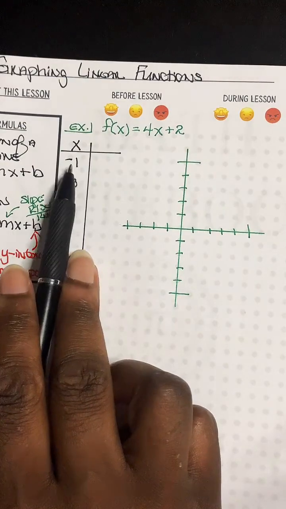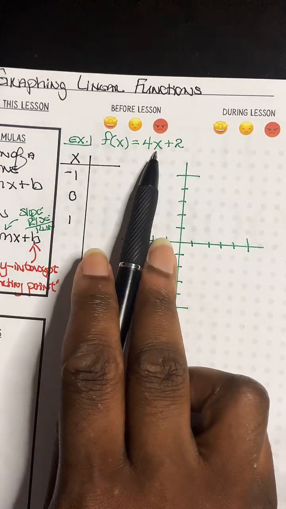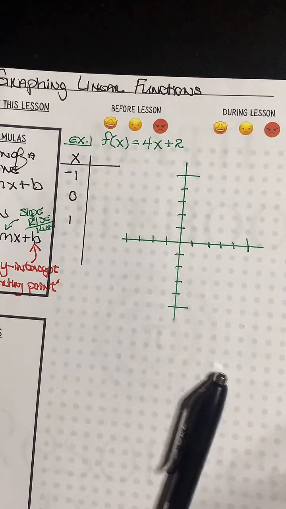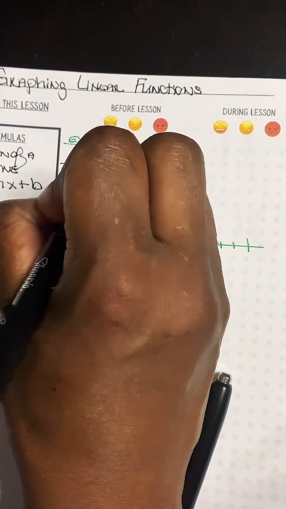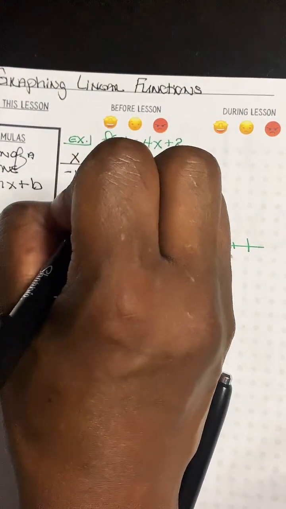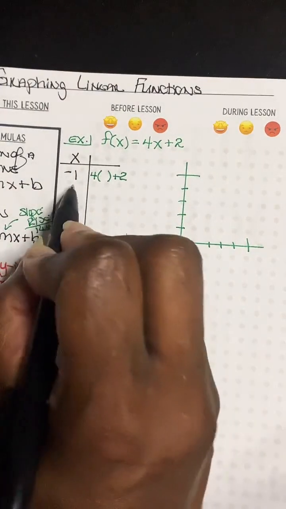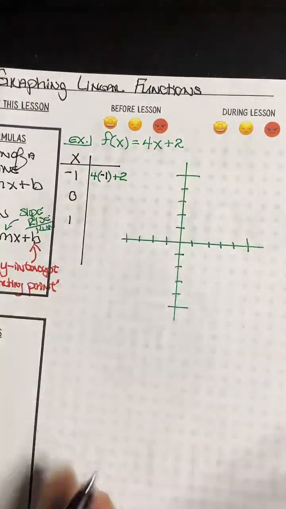So what's happening is you're going to take this -1 and plug it in for the x. So it's going to look like this. You've got your 4, parentheses, plus 2. And inside that parenthesis, you're going to put your x value, which is -1.